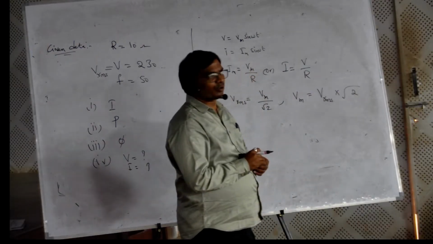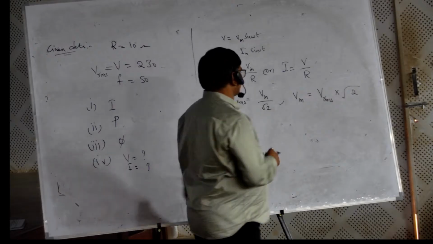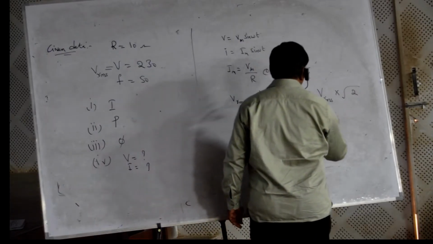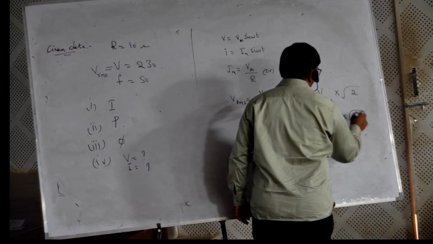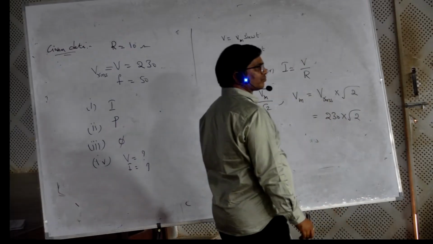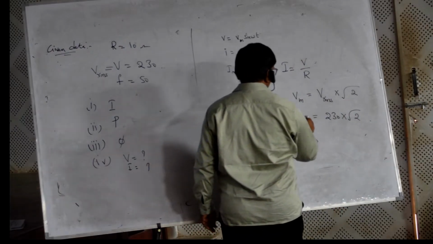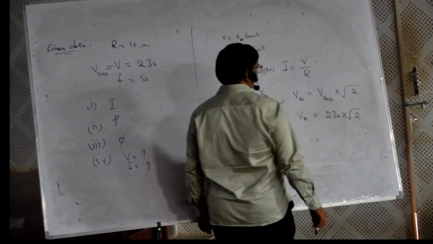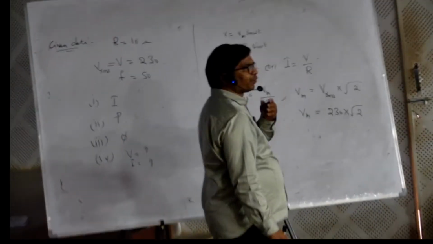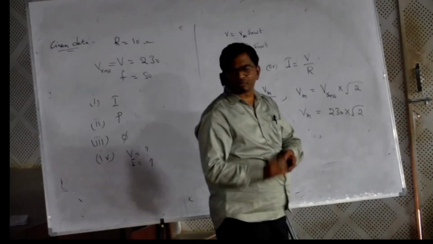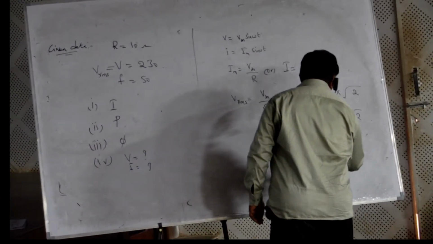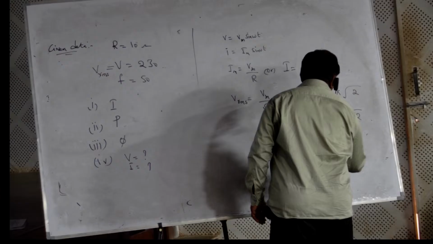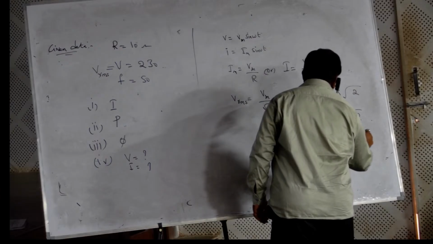So 230 into root 2 gives 325.2. That is Vm.